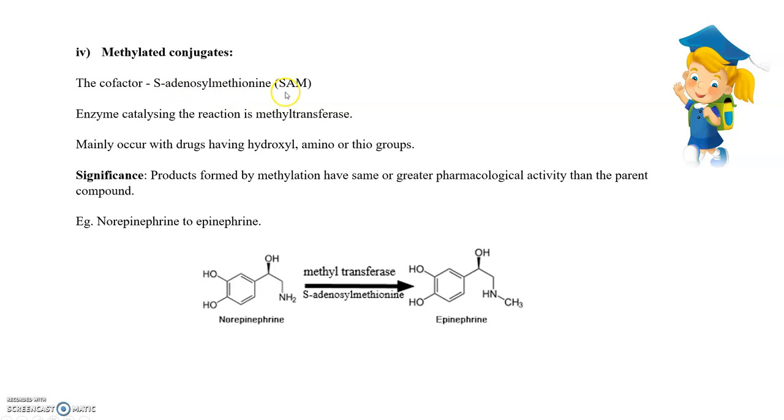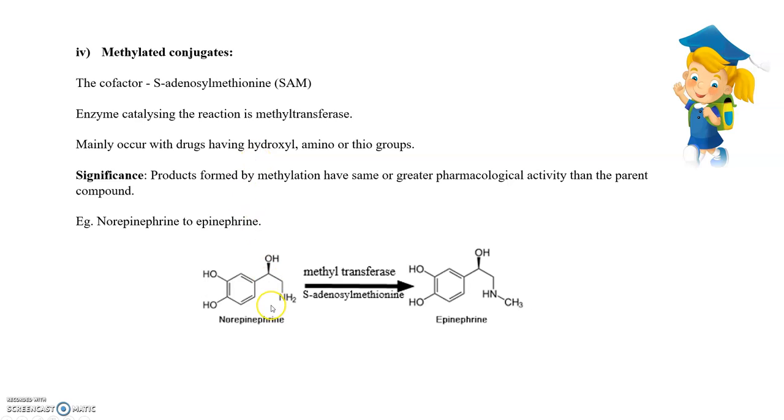Here S-adenosyl methionine is transferring its methyl group to the drug, and this transfer is done by the enzyme methyl transferase. This will be transferring this methyl group from this cofactor to the drug. Okay, and drugs having hydroxyl or amino or thio groups can undergo this particular reaction.